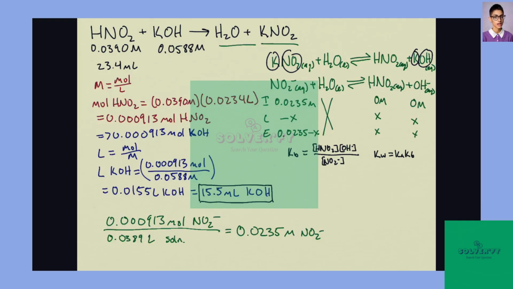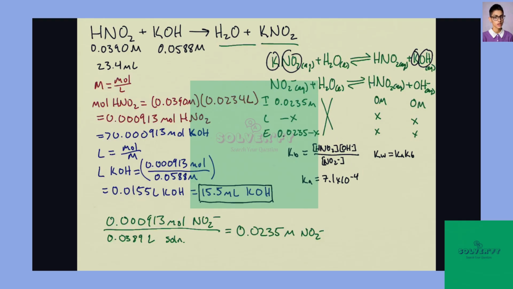This is important because we can look up the Ka value of NO2 minus's conjugate acid, which is HNO2. We can look that up in the textbook. And the value of that is 7.1 times 10 to the negative fourth. So we can use this number here to convert to Kb, which we can then use in this equation here to solve for our values of X.